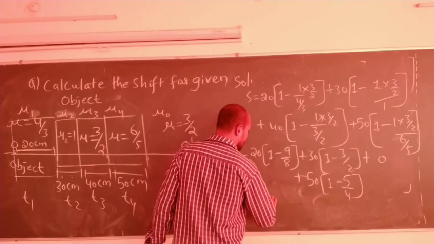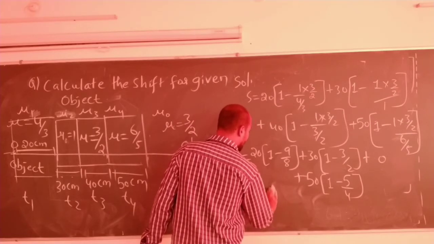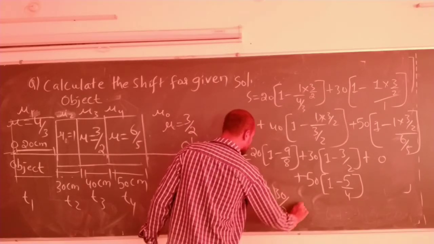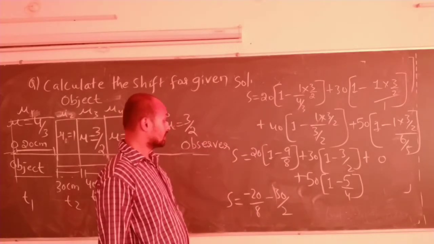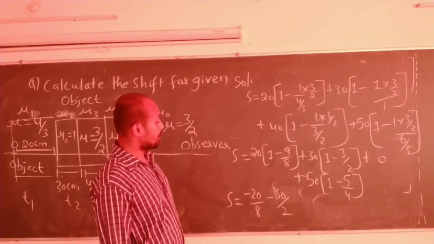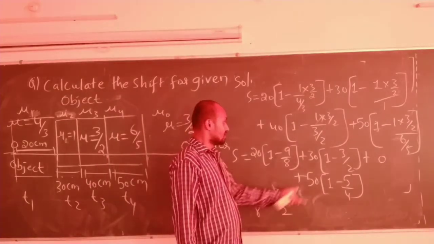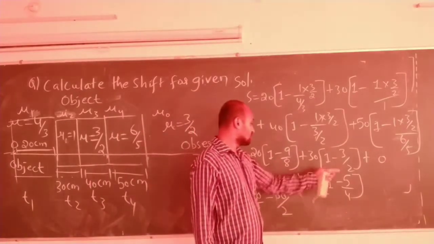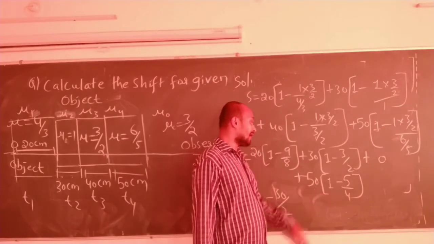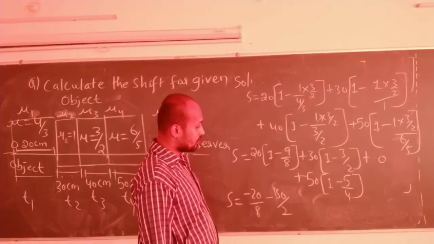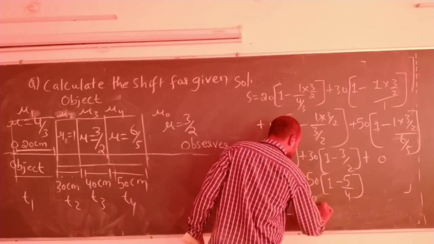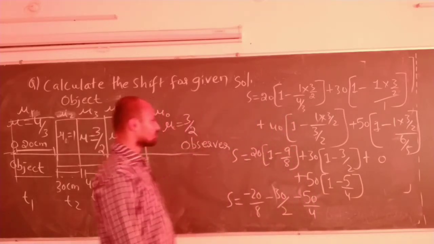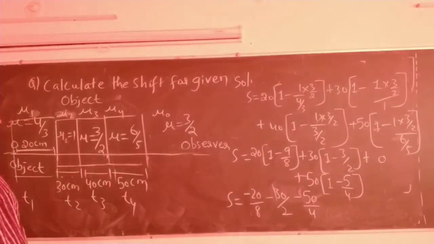So this will become minus 30 by 2. This is 20 by 8. This will be 30 by 2. Correct now? Minus 30 by 2. This is 0. This will be how much? Minus 1 by 4, no? Minus 50 by 4. This you will get minus 50 by 4.